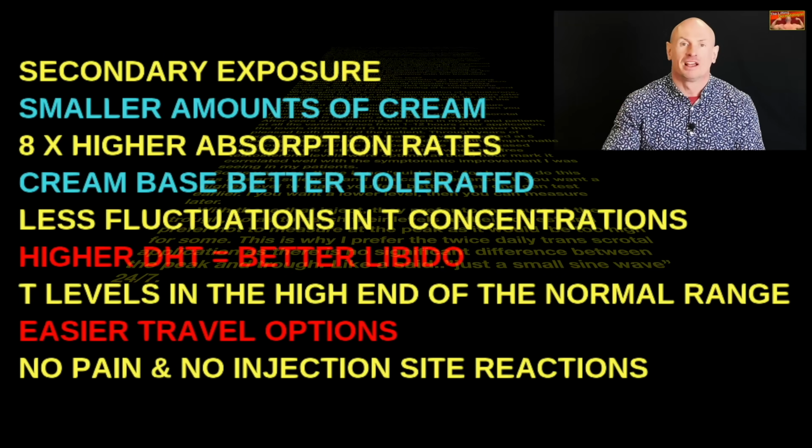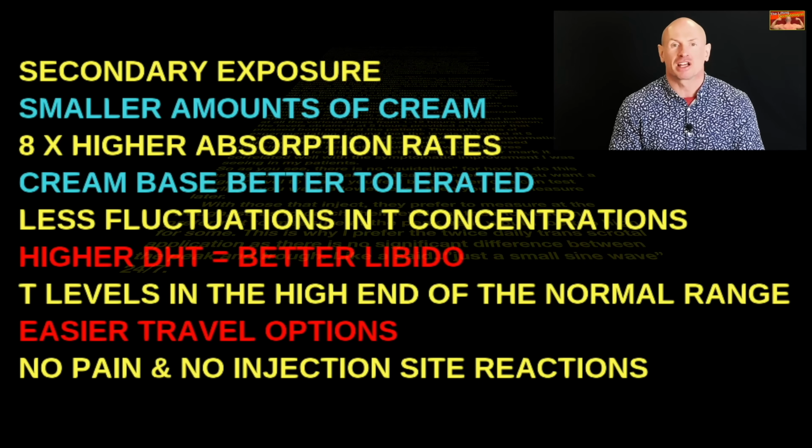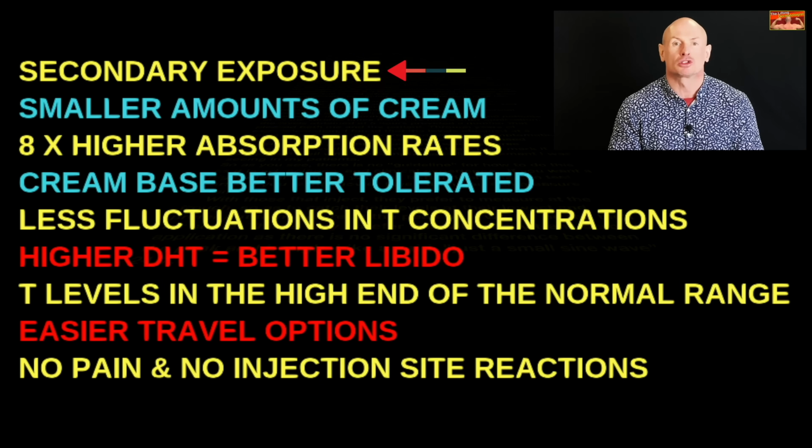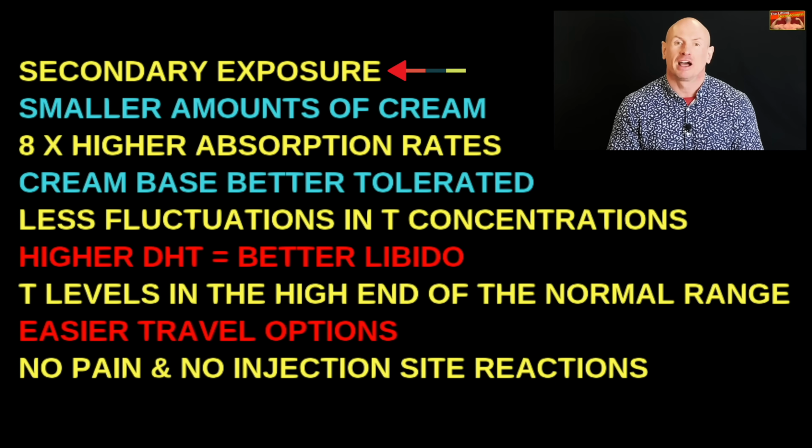Here are some more advantages of using this method of TRT. 1. It seems obvious that the chances of secondary exposure to others are much less because of the site of application. I think it's safe to assume that your family members don't touch your scrotum that often, right? 2. Because of the higher concentration, much smaller amounts of cream are needed, 0.50 to 0.75 gram per application. 3.